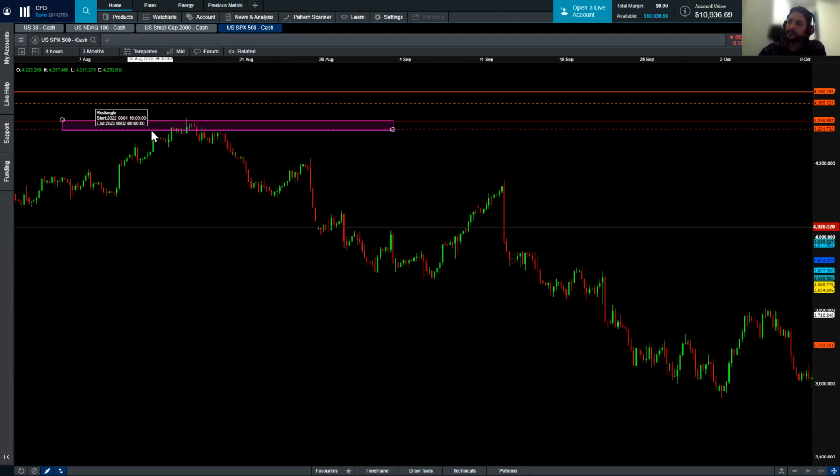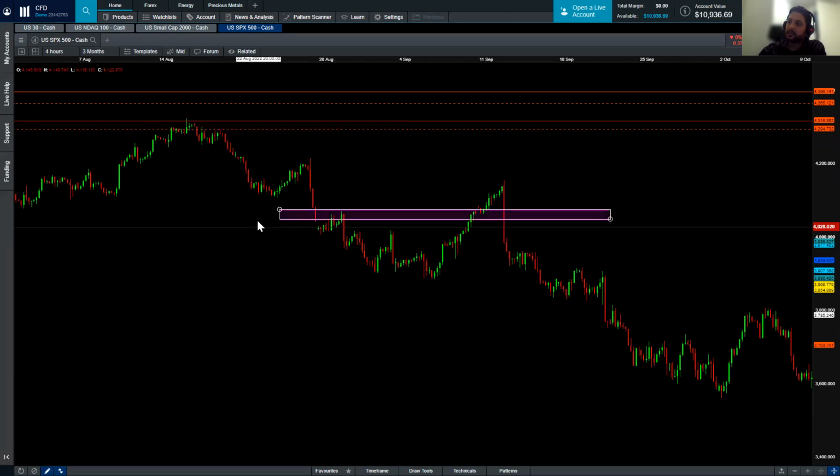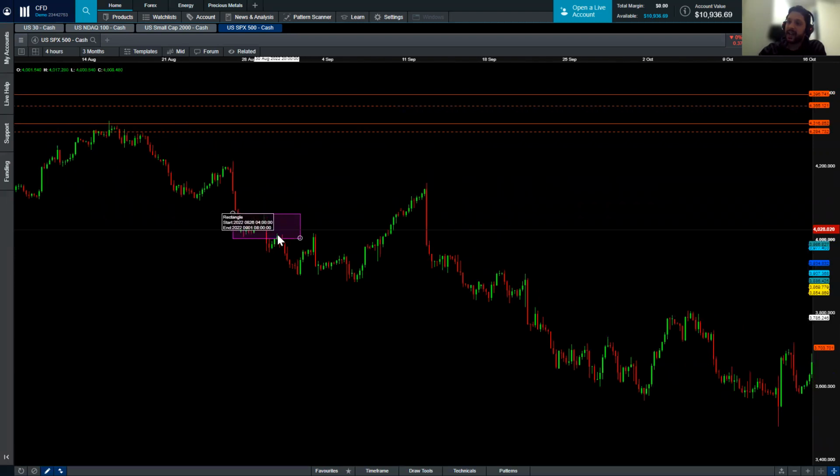Look at this box, it has been tested here. After one sharp candle, the market bounced back up to test this area. So this area is already gone.